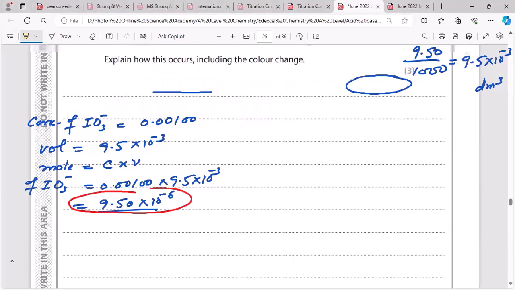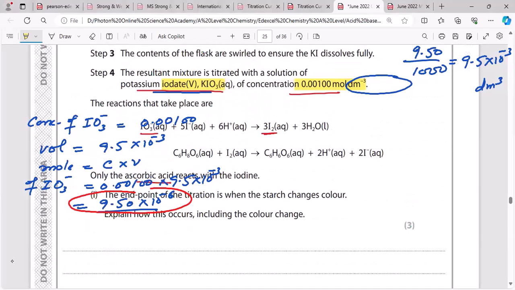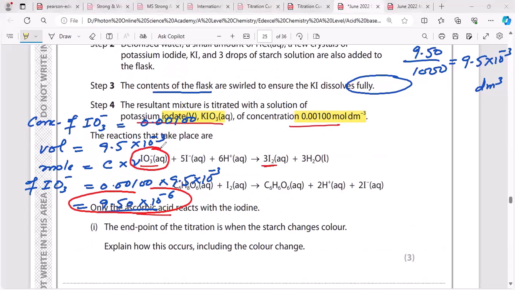Now, if I can show you the equation, yes, I can show you the equation here. You will see if you have the moles of iodate ion, can you find the moles of iodine? Just come here. Compare this with this. So, IO3 iodate ion compared with iodine, according to the balanced ratio, this is 1:3.